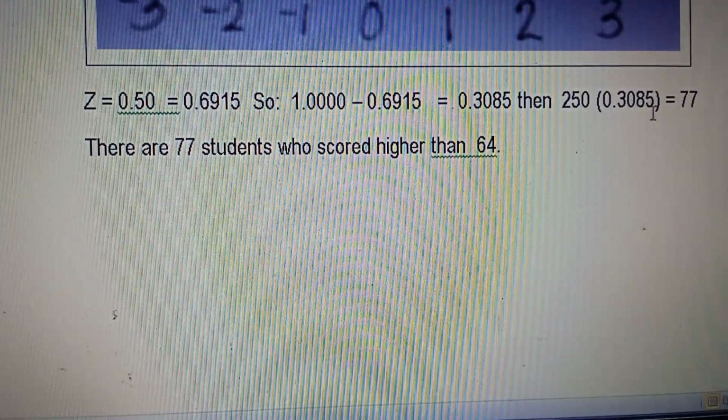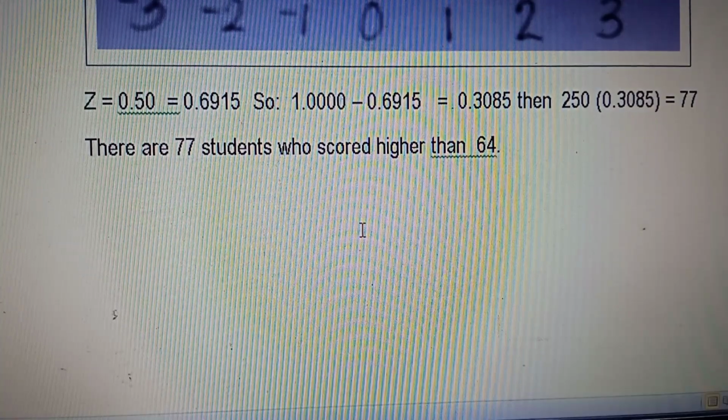So the result is 77. So there are 77 students who scored higher than 64. Okay, that is how to make use of the formula. And this time we are using the Z table.